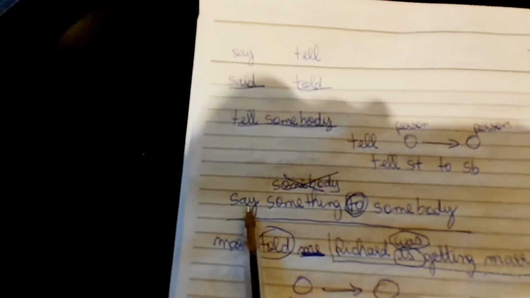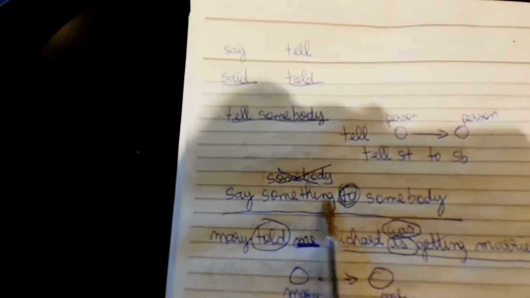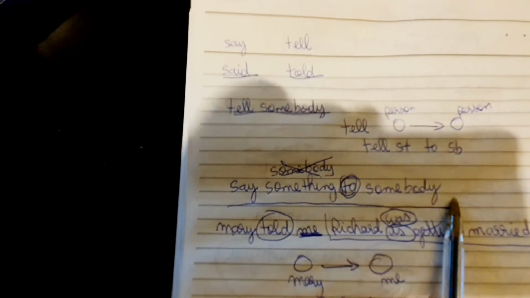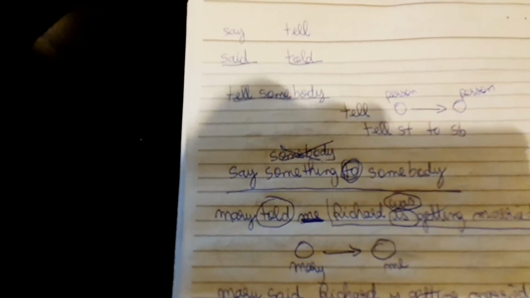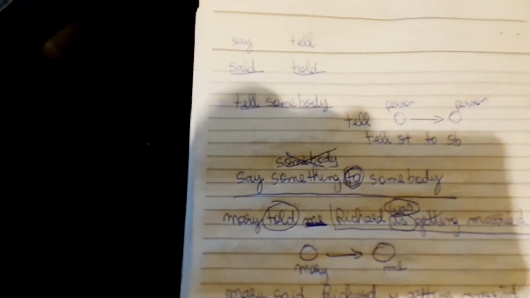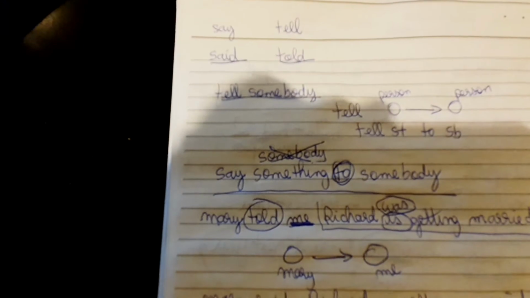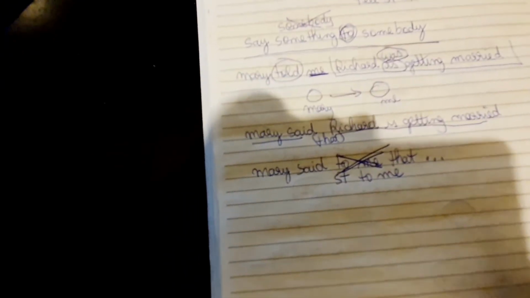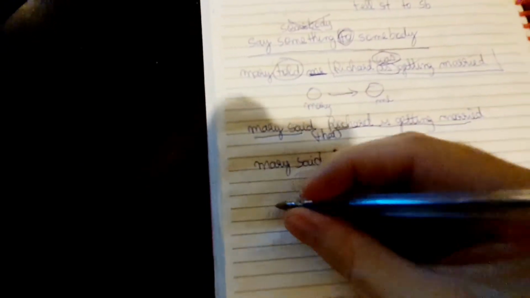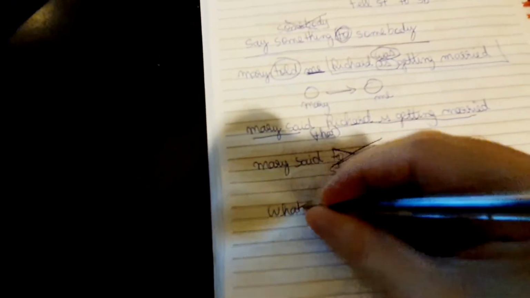Because the structure of the verb say is say something to somebody. Okay? Say something to somebody. So have this in mind when employing reported speech. Let's see another example. What did you say?